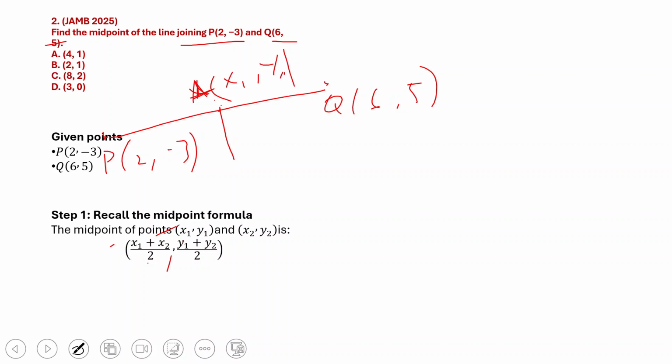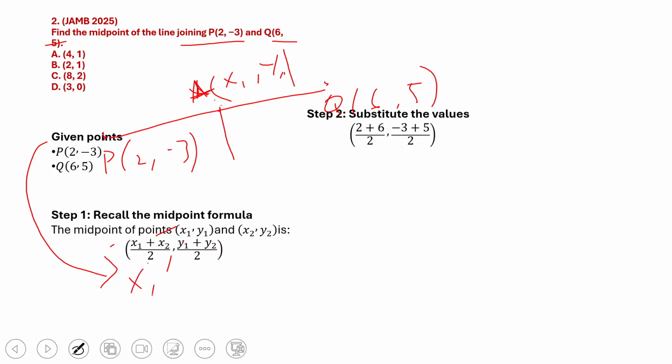So the next thing we'll do is to substitute values. We have written the values for x1 and x2. I can bring it from here, so that x1 is 2, x2 is 6, then y1 is, sorry, minus 3, and y2 is equal to 5.